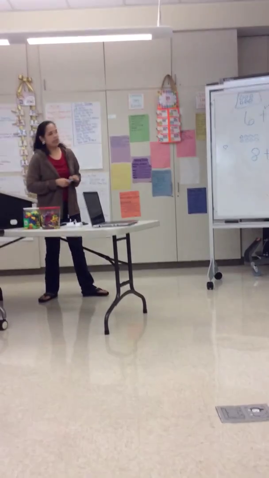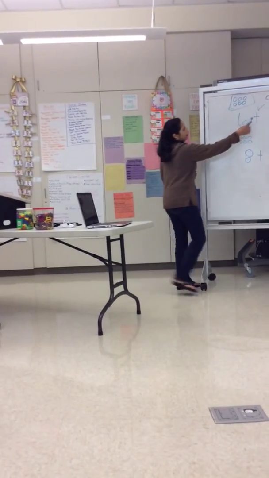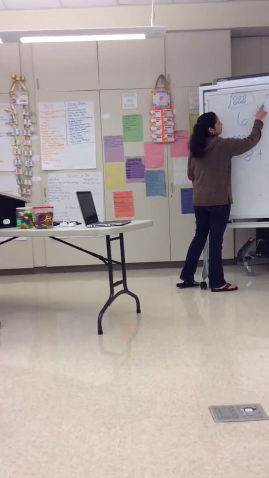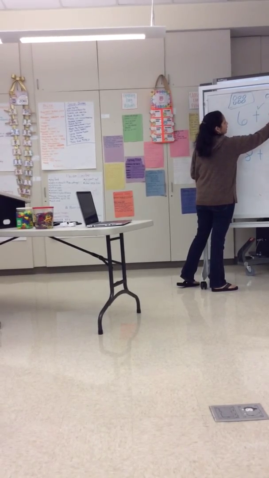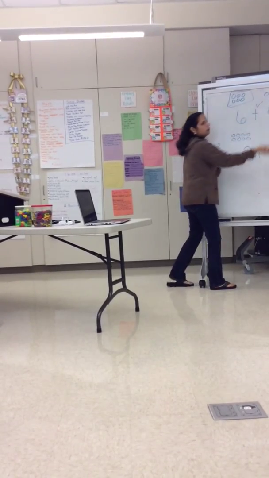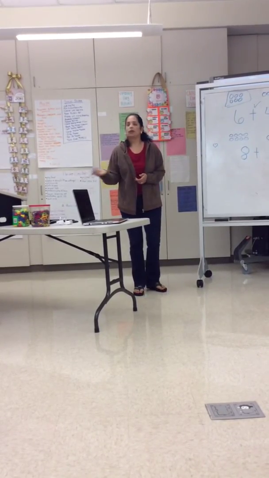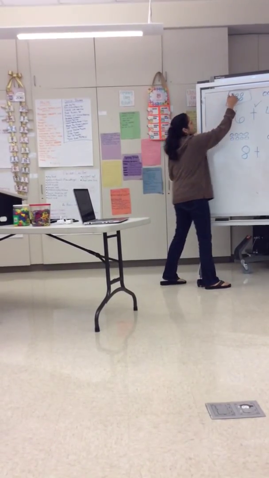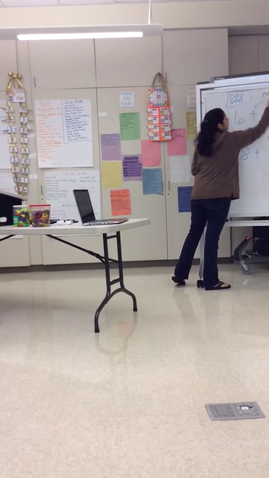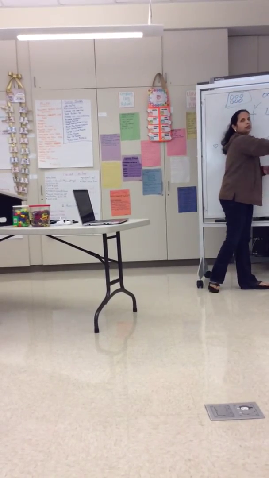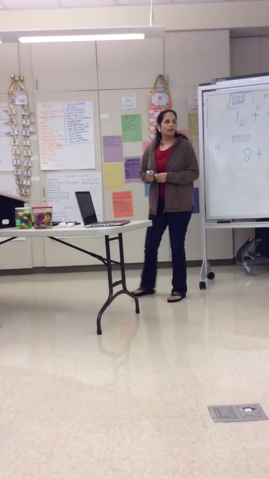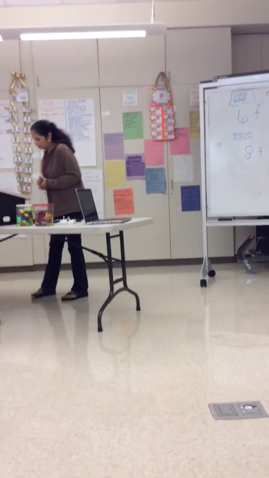And so what was the next step that we had to do after we had used the plus sign, the equal sign, the circles? Count them all together. That's right. So we had to count them 1, 2, 3, 4, 5, 6, 7, 8, 9, 10. And after that we did what? Wrote the answer. That's right.